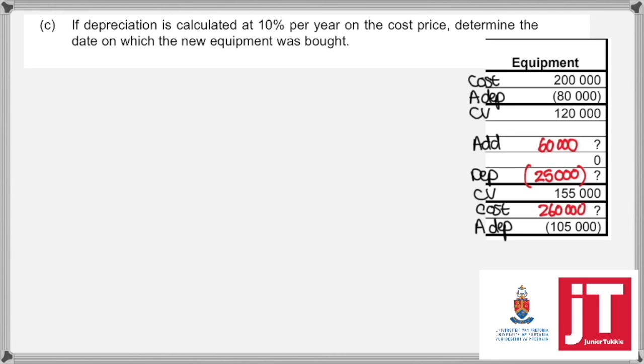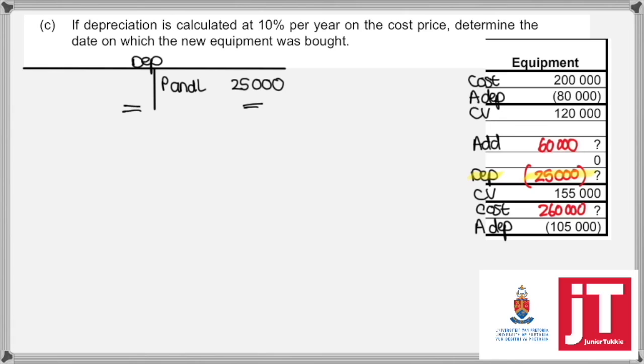Question number C. If depreciation is calculated at 10% per year on the cost, determine the date on which the new equipment was bought. So again, if I look at the information given and those question marks, I'm going to fill in all the calculations I've already done. So to find out what is the date on which we bought the new equipment, we will start with the depreciation. That's our starting point.